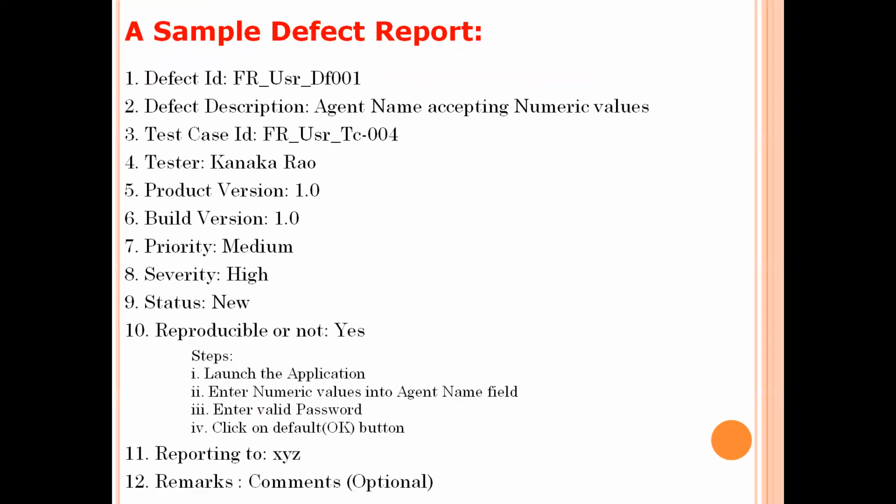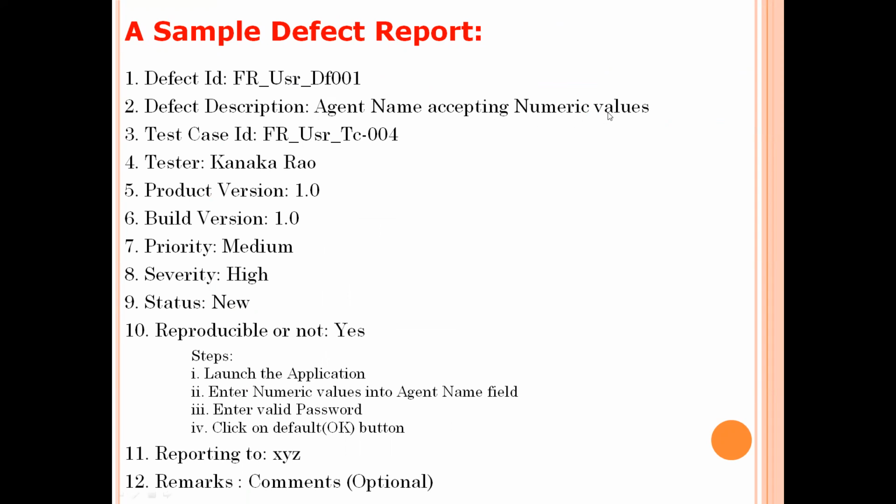Observe a sample defect report, defect ID, FR. Suppose this is the project name, flight reservation, USR, user module. In this module, DF001, defect 1. Defect description, agent name is accepting numeric values. Agent name should accept alphabets.